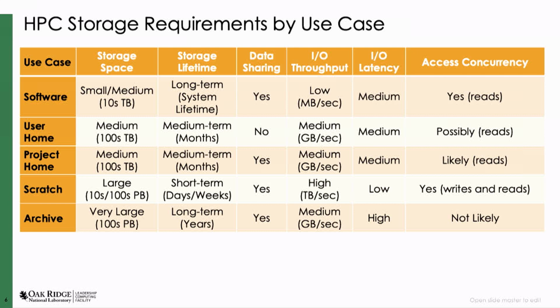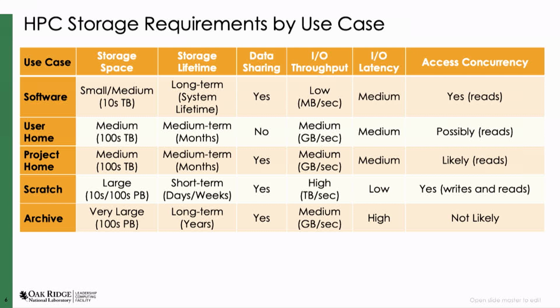So you don't really need a whole lot of storage space, and users don't really interact with that very much. It is long-lived, though, because the application and system software has to live as long as the system does. Obviously, there's data sharing because all the applications are going to be using the software.